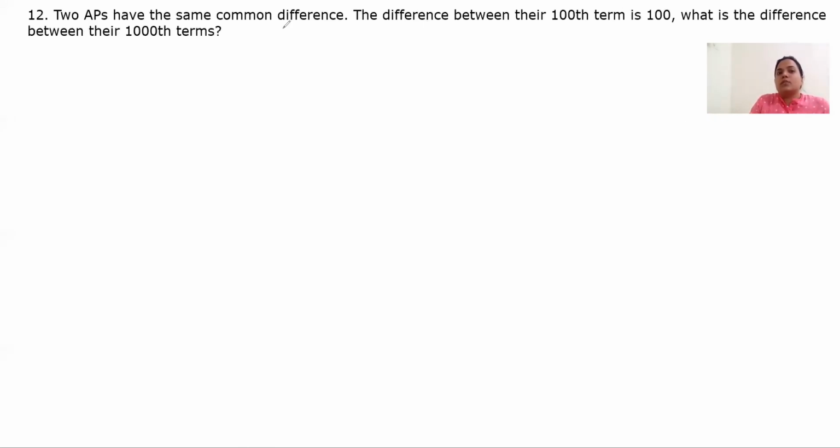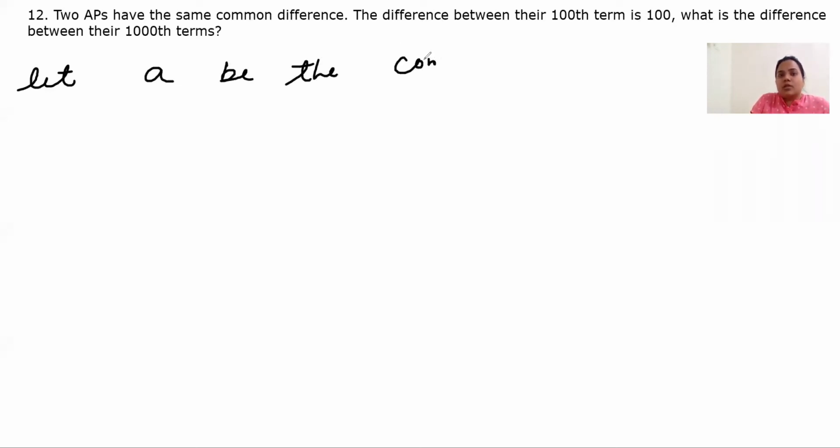Next question, the 12th one. Two APs have the same common difference. The difference between their 100th term is 100. What is the difference between their 1000th term? So two APs have the same common difference.